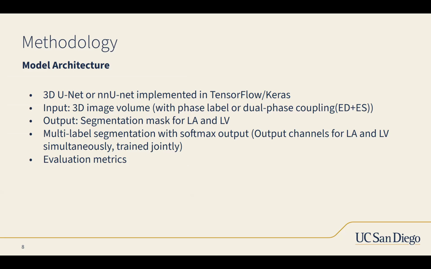The output will be segmentation masks for the left atrium and left ventricle. We'll probably do output channels for both of them simultaneously. We're going to train the ED and ES jointly, and we'll evaluate our output against the ground truth using evaluation metrics like the dice coefficient, cross entropy, etc.